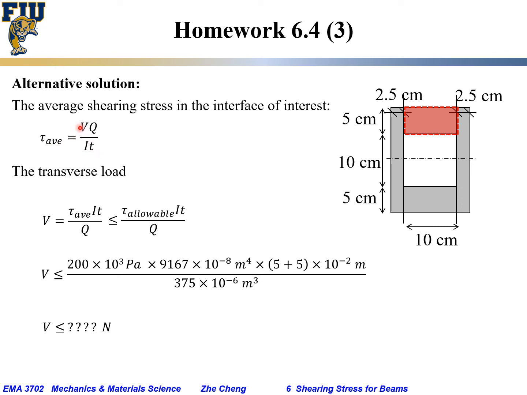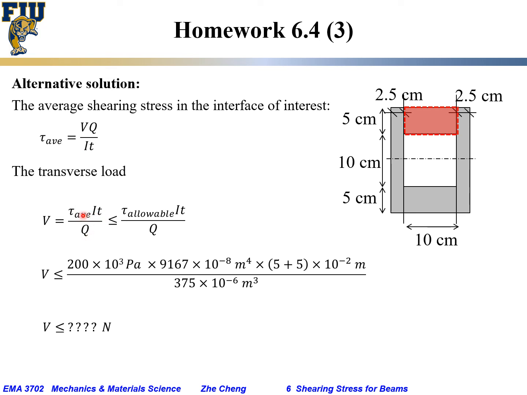Okay, V again would be transverse shear, Q would be first moment for the element of interest, I would be moment of inertia for this entire cross section, and T would be the width for the total interface that separates the chosen element from the remaining of the beam. So as a result, the transverse load V would be equal to tau average times IT over Q.